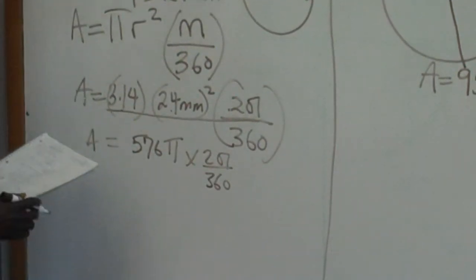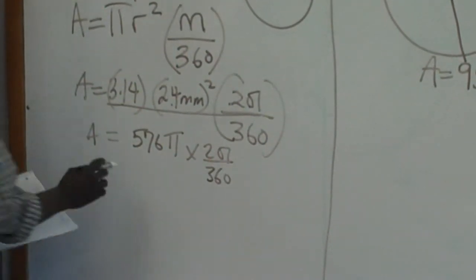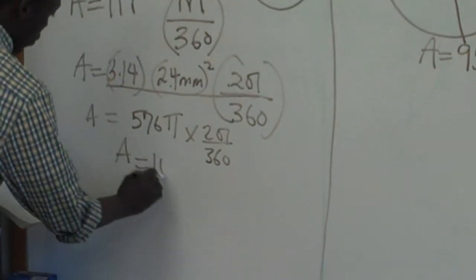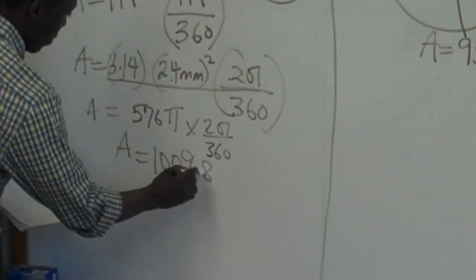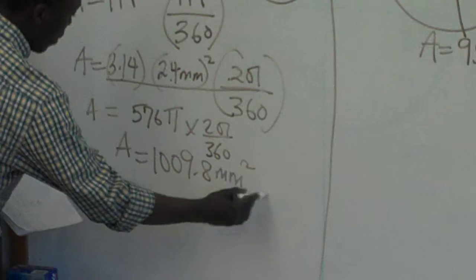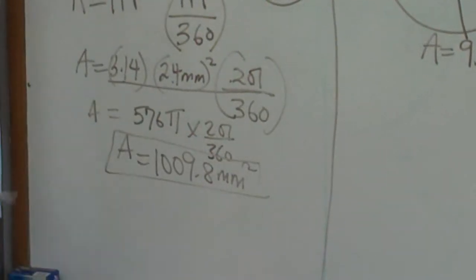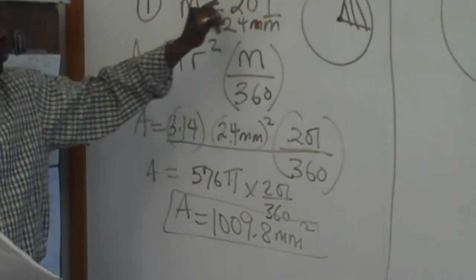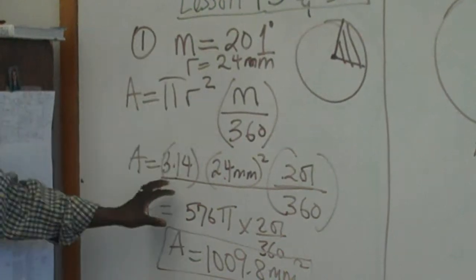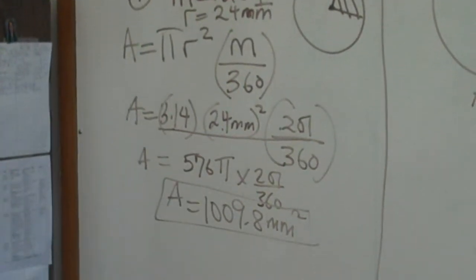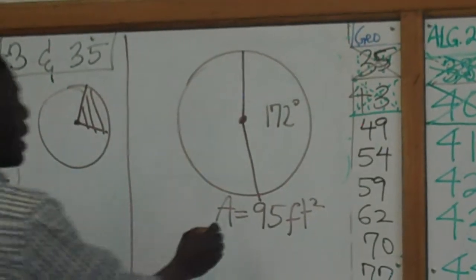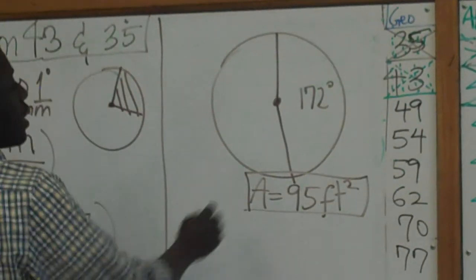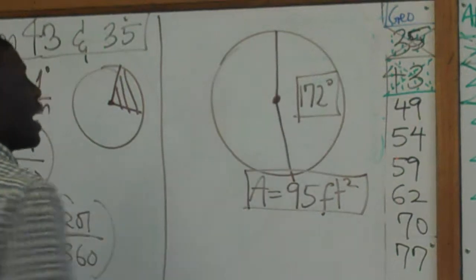And then we simplify that with our calculators, and we get A is equal to 1009.8 millimeters squared. All we did was plug in our value for m, plug in r, and solve using basic principles of math.